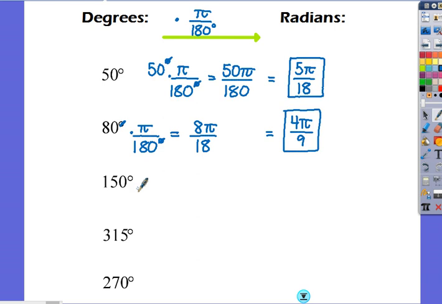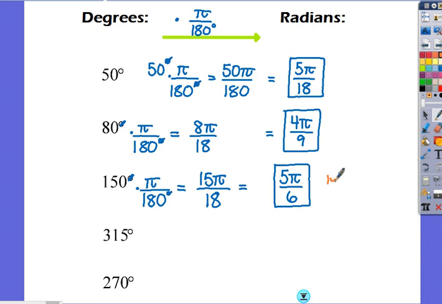150, we've seen this one before. But if you don't recognize it, we can always go this way. So our degrees cancel out. We've got, well, if we divide them both by 10, 15 pi over 18. What, divide by 3? 5 pi over 6.